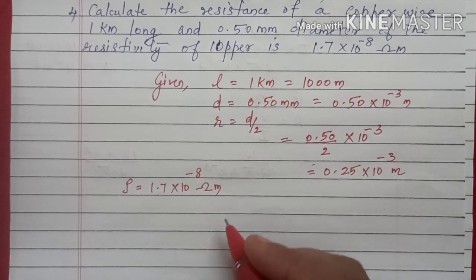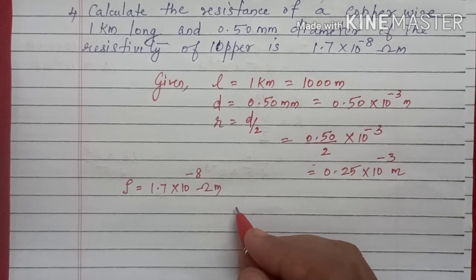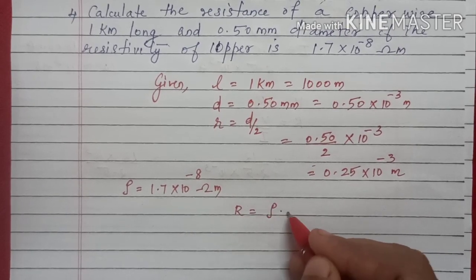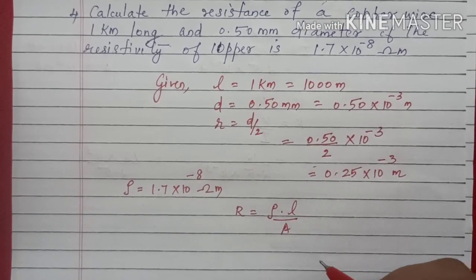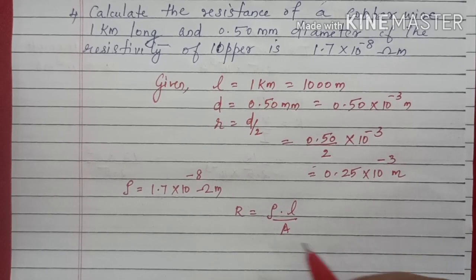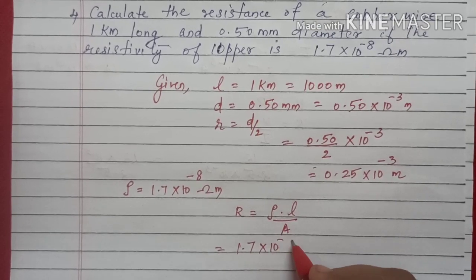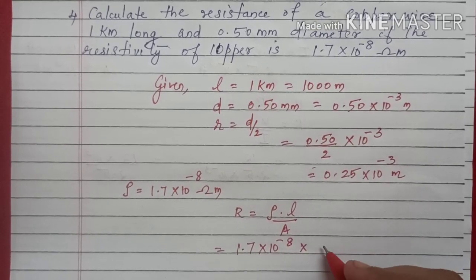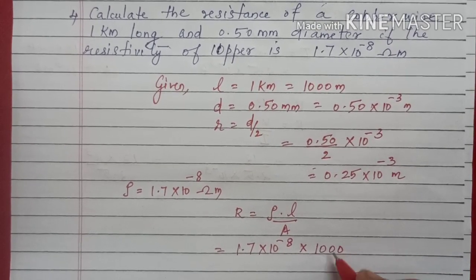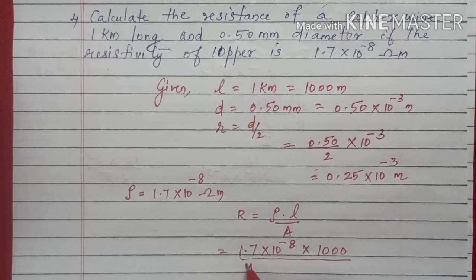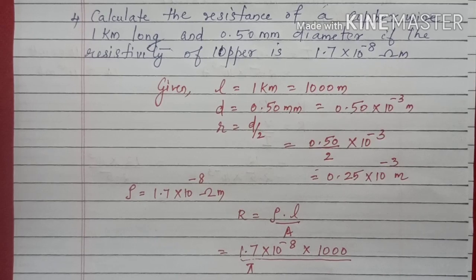Now when you substitute in the equation, you have the equation R is equal to what? R is equal to rho into L by A. Rho into L by A. So when you substitute 1.7 into 10 power minus 8 into length is 1000 meters. 1000 divided by area pi into r square.